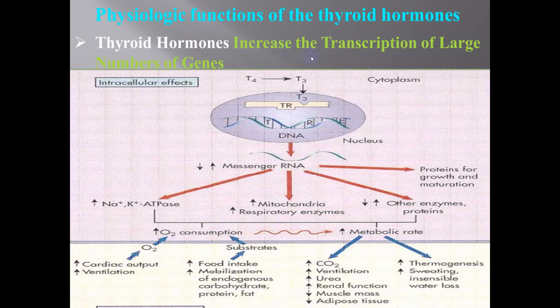Thyroid hormones increase transcription of large numbers of genes وأكيد transcription of genes presence in almost all types of cells of the body. So T4 عرفنا converted to T3 into the tissues وهنا راح يتم عملية الترانسكريبشن.